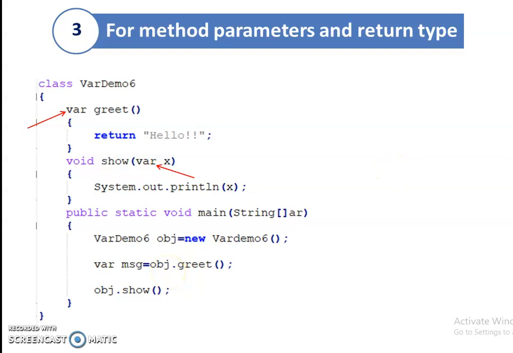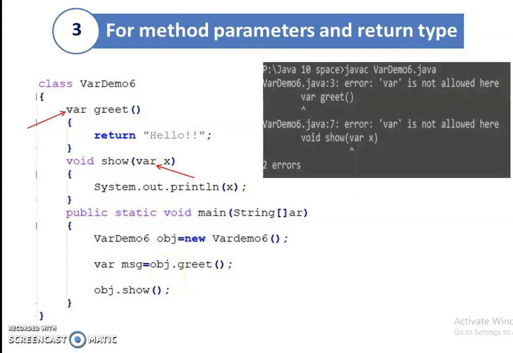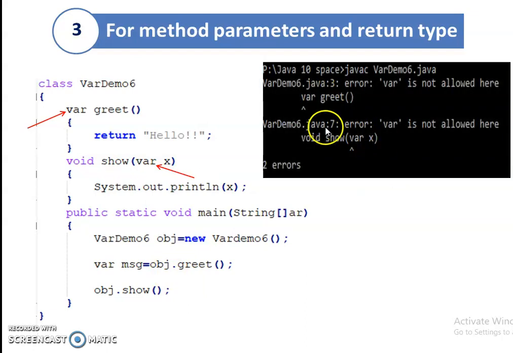So when we try to run this code, you can see we have two errors. Var is not allowed here, so it is indicating this particular line, because we cannot mention return type as var. And next error is var is not allowed here, so it is indicating this particular line.